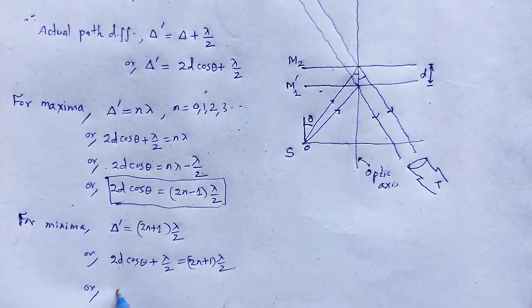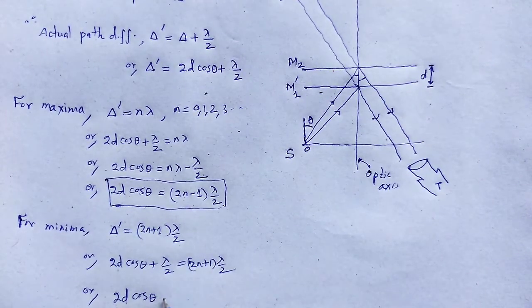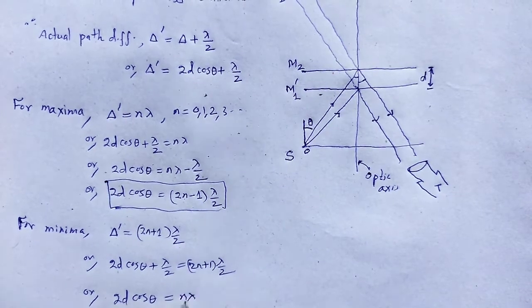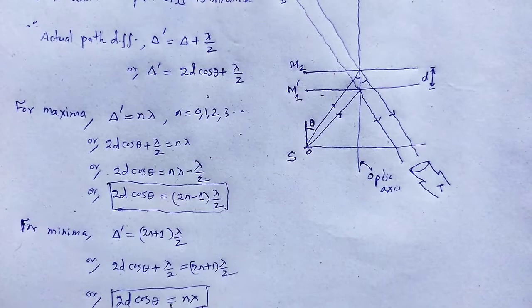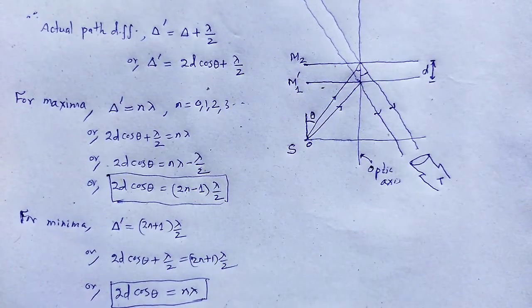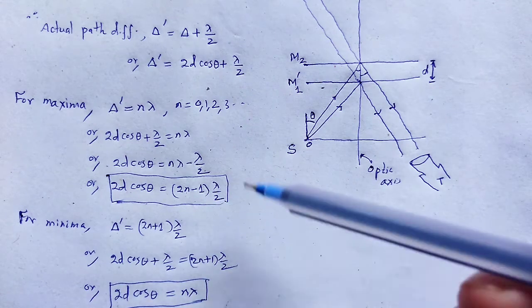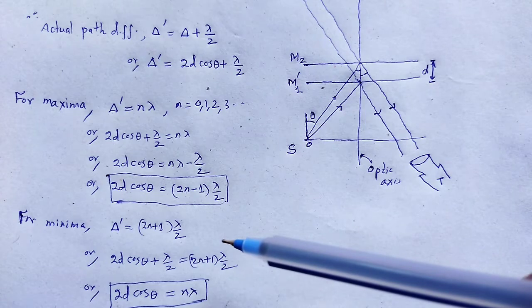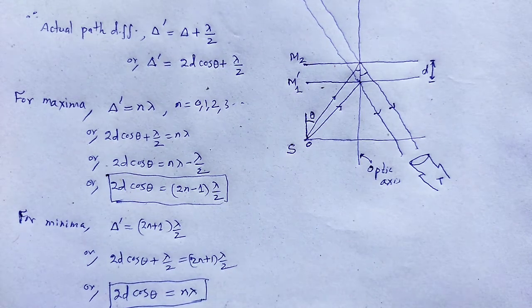We have the relation 2d cos theta is equal to n lambda. That is the condition for minima. By using these conditions for maxima and minima, we observe the interference pattern.